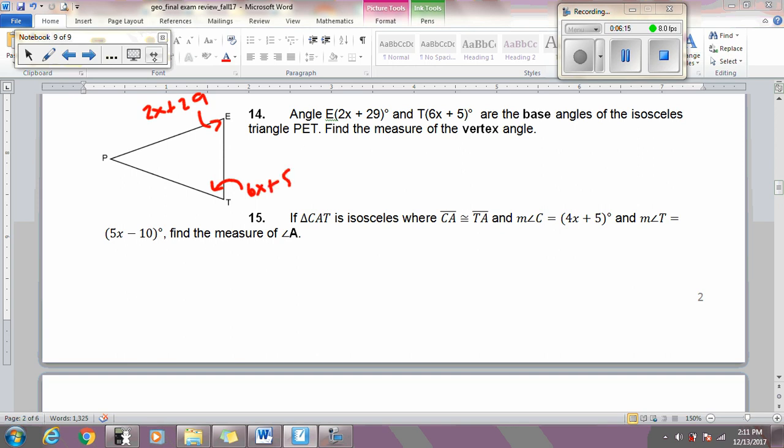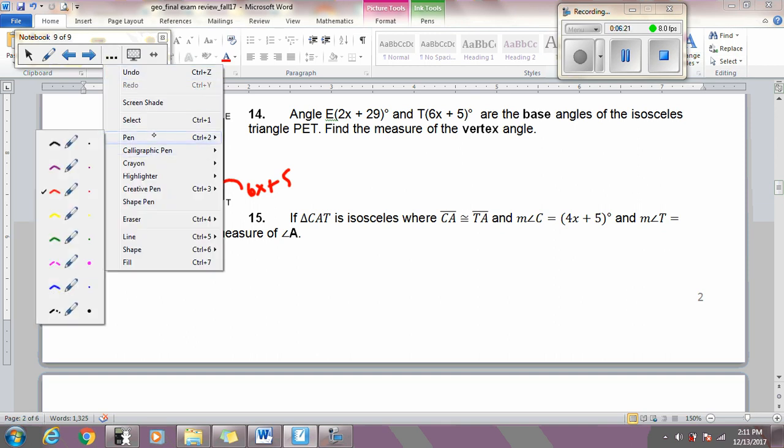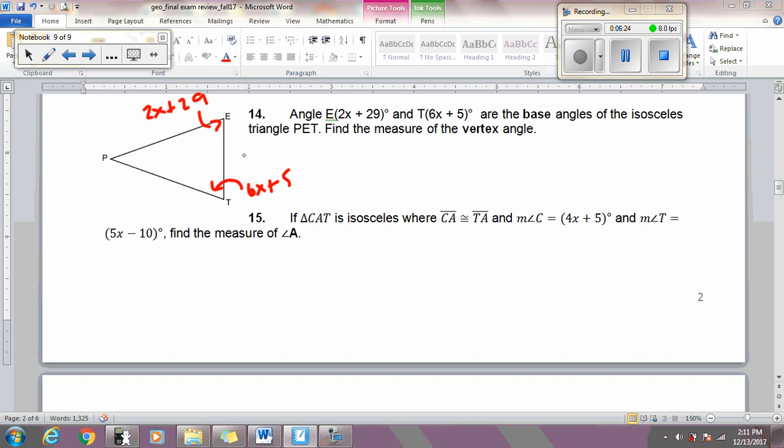These represent the base angles of the isosceles triangle PET. So since they're my base angles, remember that base angles are congruent, so let's give them an arch. Also, base angles are directly across from the congruent sides, so let's give those congruent sides the tallies.